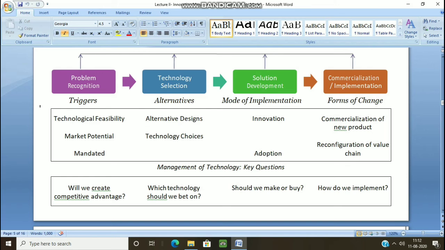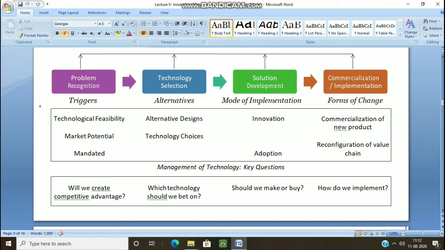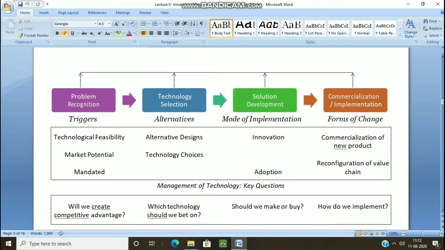In alternatives, we think about which technology we bet on: Java, .NET, or anything. Now, the mode of implementation, innovation and adoption I already discussed. So the key question is: should we make or buy? For implementation of the software, we can buy it or we can make it. It depends upon the financial condition of the company and their workers.